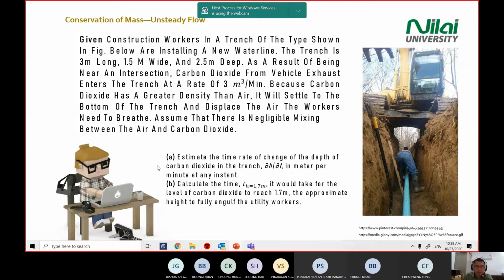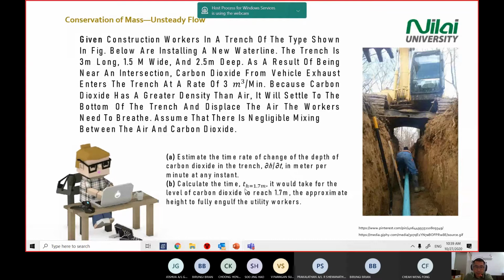In the test, you may be instructed in more detail, maybe meter per second, right? In this case, it's meter per minute. The second task is to calculate the time when H equals 1.7. The total depth is 2.5, meaning from the wheel here to the bottom here is 2.5.